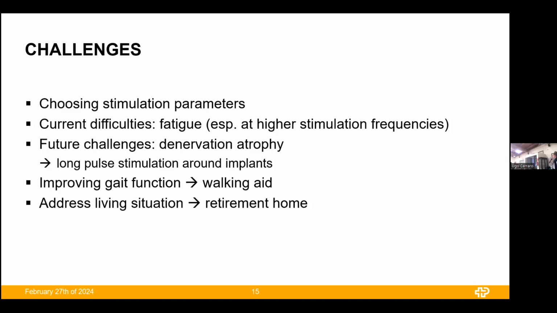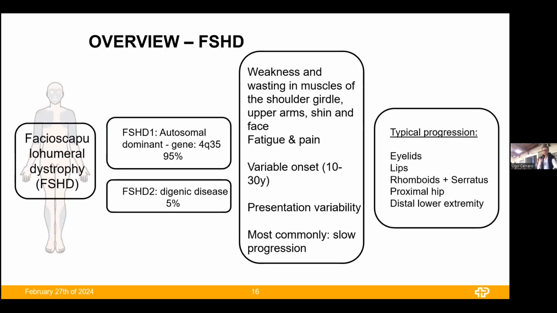So talking about assistive devices for walking, like getting a rollator, or about a retirement home if she loses more ADL independence.